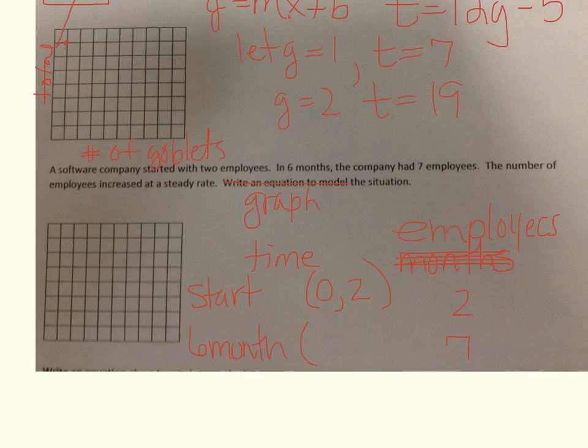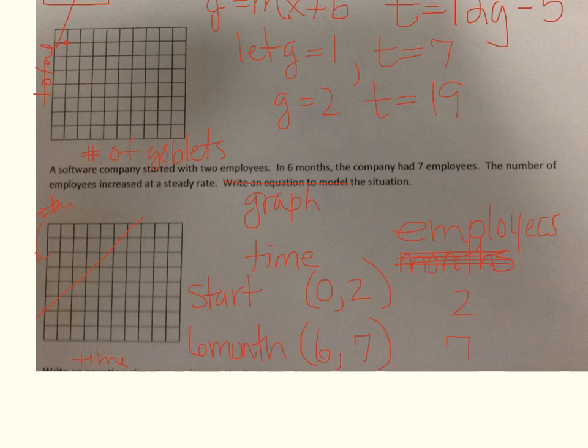And then 6 months later, time is 6, and my number of employees is 7. So if I wanted to graph that, if I let time go on the bottom and number of employees on the side, I have the point 0, 2, and then I have the point 6, 7, which is about right here. So I could graph that.